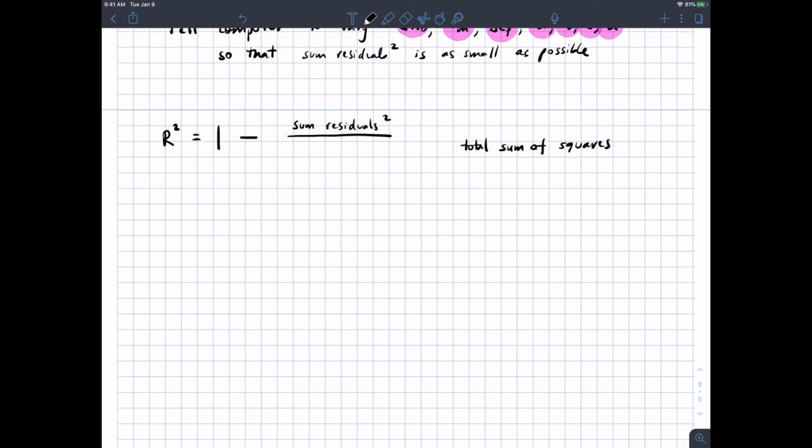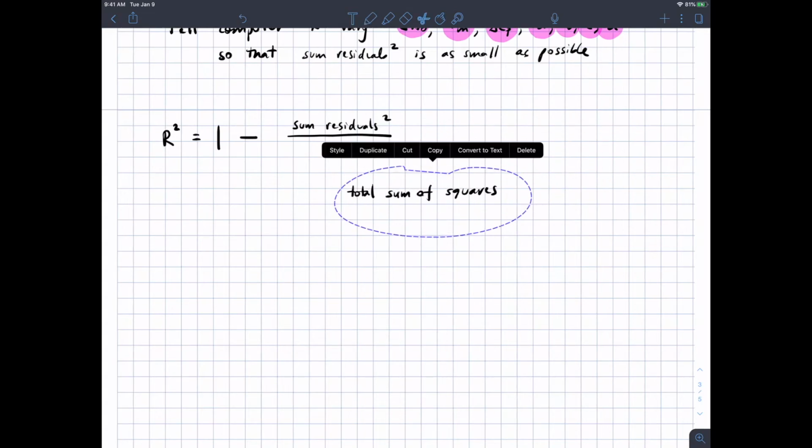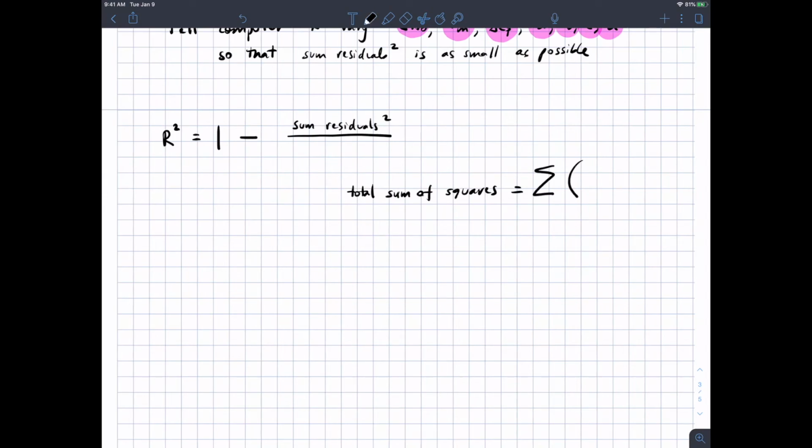And this gives you an idea of the variability of your data. So total sum of squares is equal to the sum of each data point minus the mean, the average value for all those data points, squared.